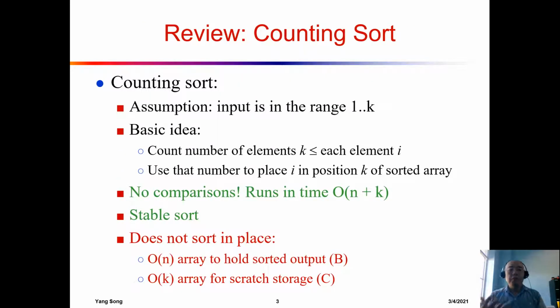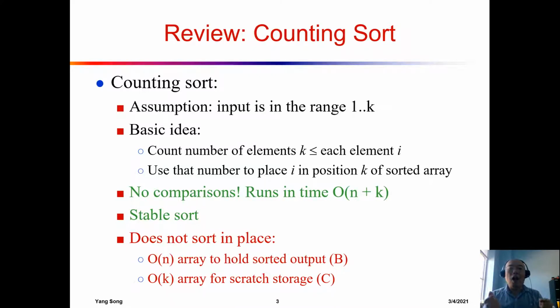And then we move on and talk about the counting sort. For the counting sort, remember, we are breaking one of the rules. The rule we are breaking is that we are no longer doing any comparisons. But instead, we have to put a stronger assumption there. We are assuming that all the values we are sorting are integers in the range from 1 to k.